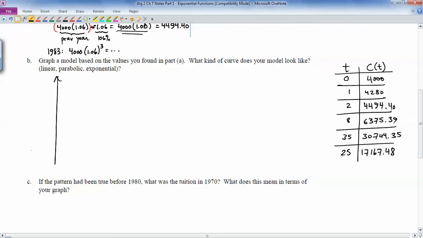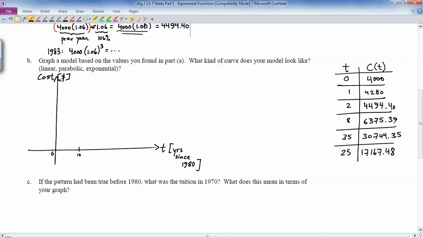So let's make some X and Y axes, although really the X axis is time in years since 1980. And the Y axis is really the cost in dollars. And let's see, the T values that we looked at went from 0 up to 35. So here's 0. We'll go by tens here.